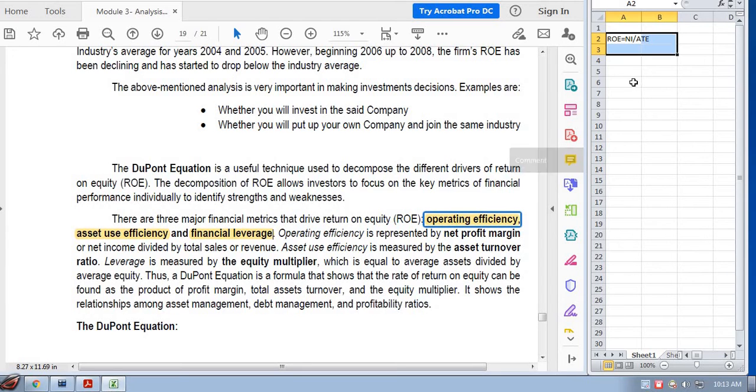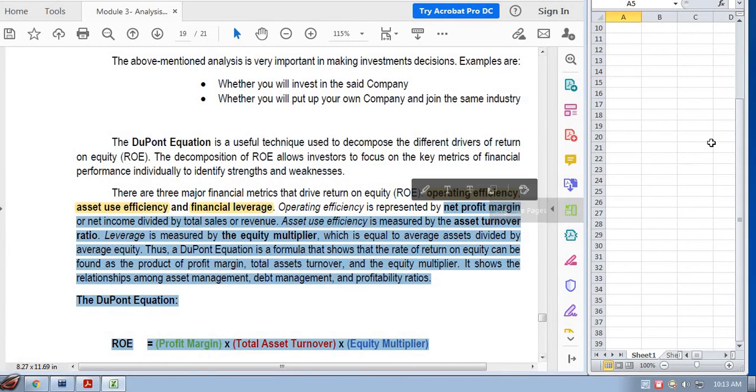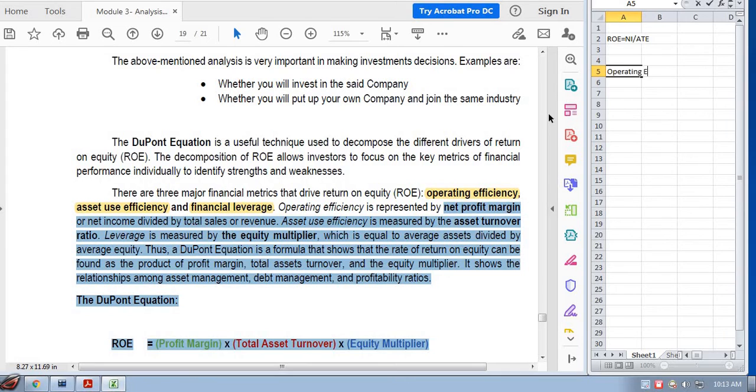Okay, so operating efficiency, we will be using the net profit margin. For the operating efficiency, we will use the net profit margin which is equal to net income over net sales.